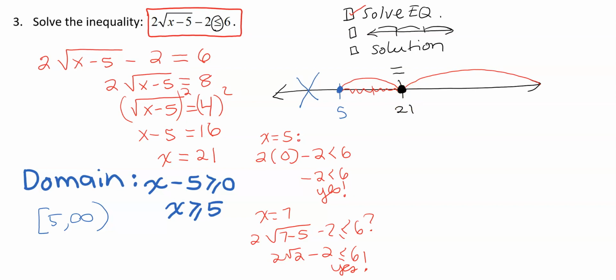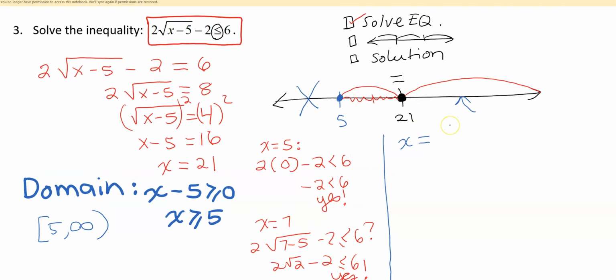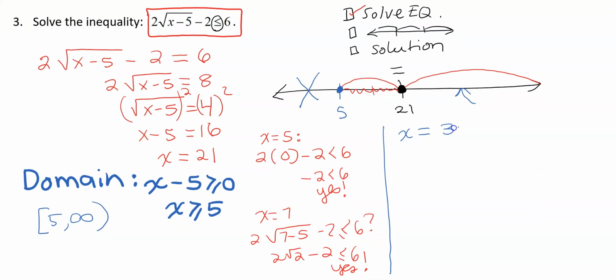Now the next question here is, what about this interval on this side? So we will go ahead and pick x is equal to, say, we are subtracting 5, so let's say x be 30. I will have 2 times square root of 30 minus 5, minus 2. Is it less than or equal to 6?